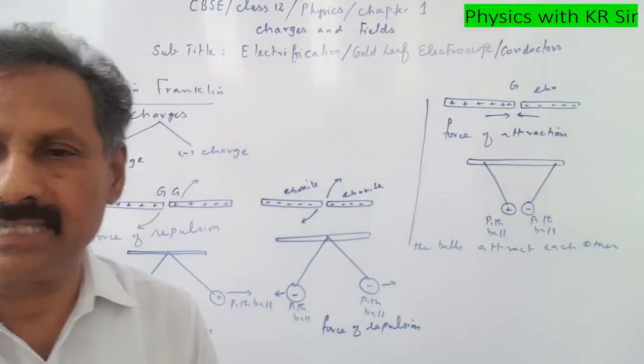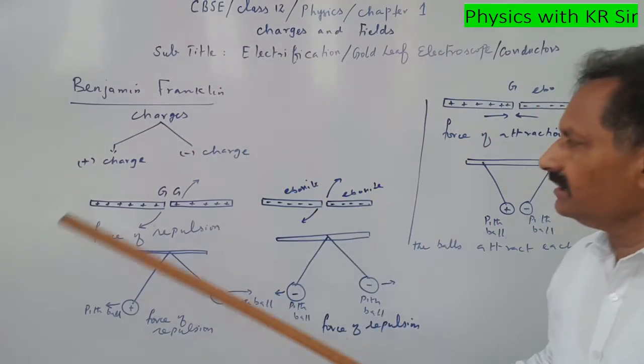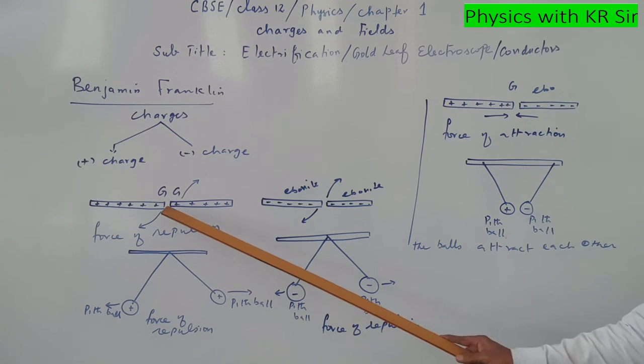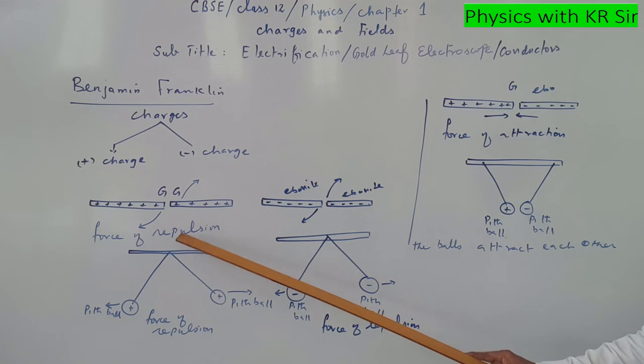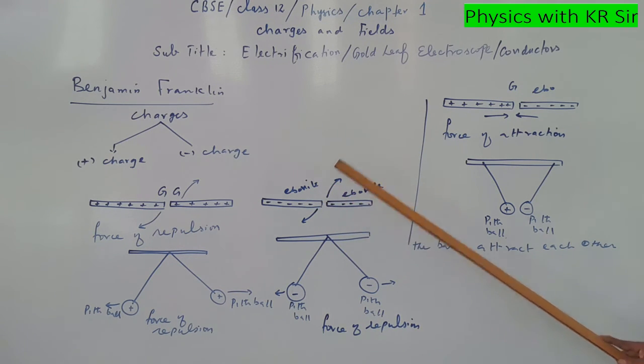So from this we can say that Benjamin Franklin discovered that there are two types of charges, positive charge and negative charge. If we take two positively charged glass rods, there is force of repulsion. If we take two negatively charged ebonite rods, there is force of repulsion.